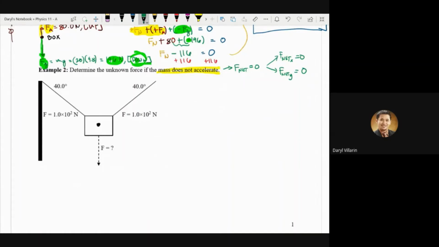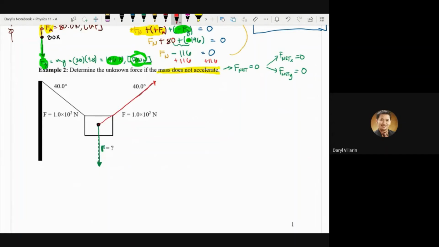Well, you have this one here, which is denoted by F, but this could easily just be the weight of the object. Okay, this should be the weight of the object. And then what else? You have the force from the string. We can call this one the tension force.